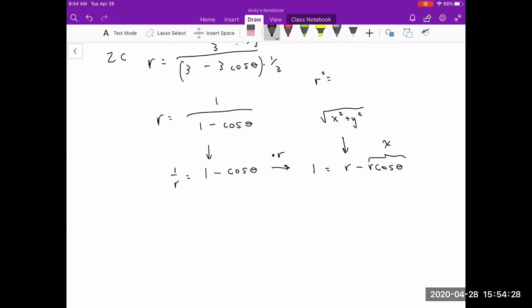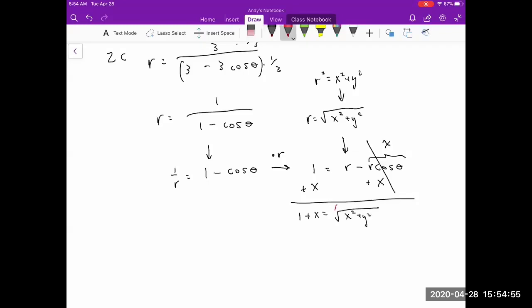But again, r squared is equal to x squared plus y squared. So when you square root, you get r is equal to this. So I'm going to add x to the other side, though. So adding x to this side will leave us with 1 plus x is equal to the square root of x squared plus y squared.